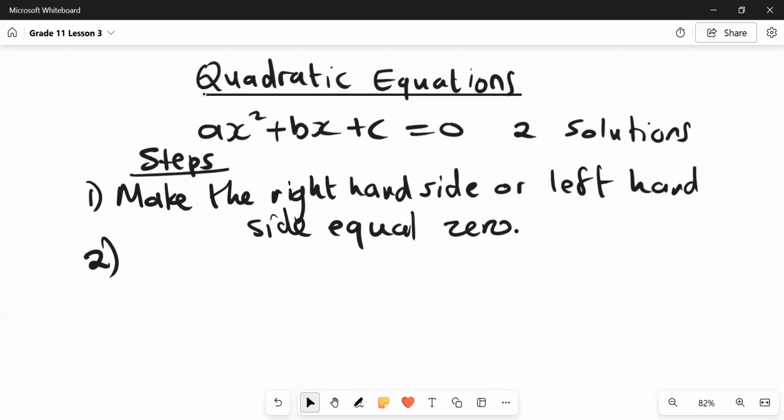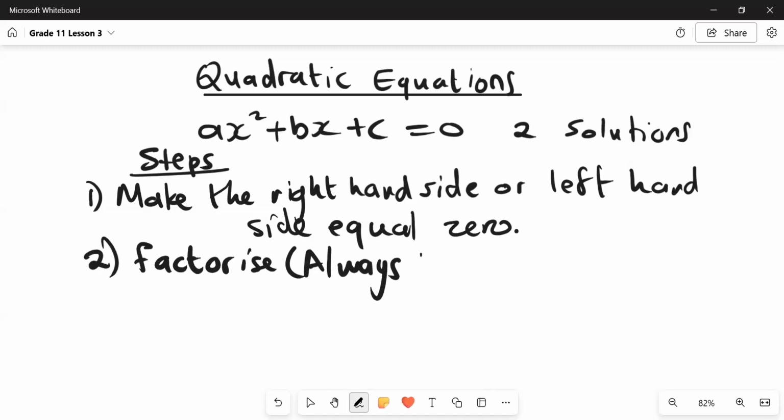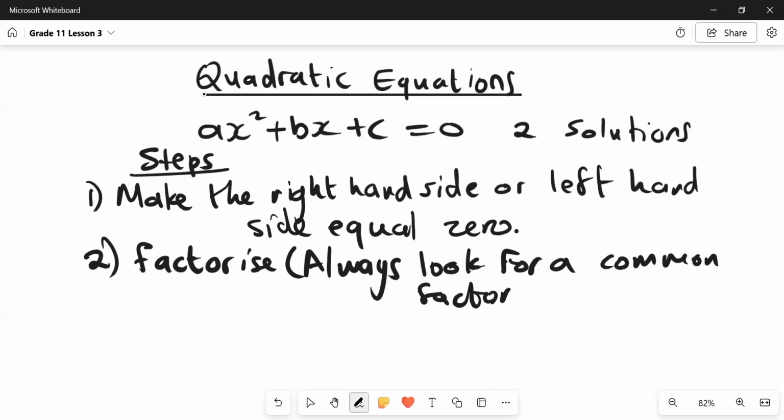Okay, now let's move to step number 2. Now we have to factorize. When you factorize, always make sure that you look for a common factor first.